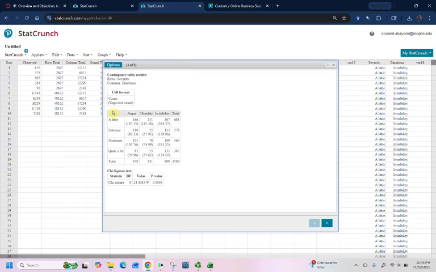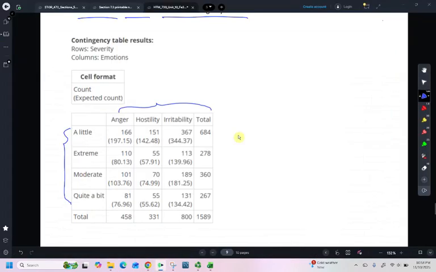So here I have the contingency table, where for the rows we have the different levels of severity of the injury, and for columns we have the different levels of emotions. And the good news is we can also get the expected value whenever we're dealing with raw data. So this comes really handy. All right, and with that said, let's go back to our workbook.